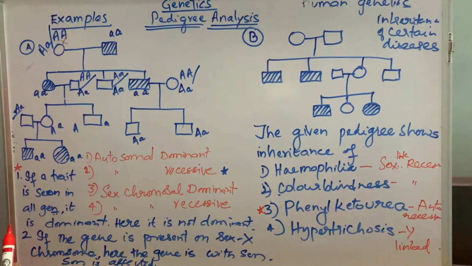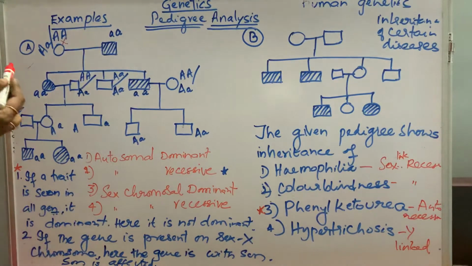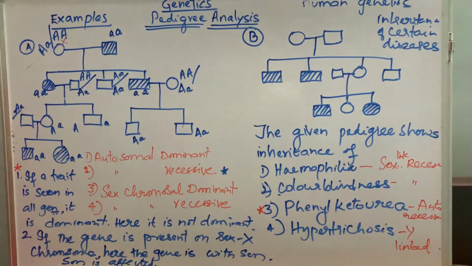This pedigree analysis method helps in interpreting how the disease is inherited. Here, two questions are drawn by which we can interpret how the disease is inherited.